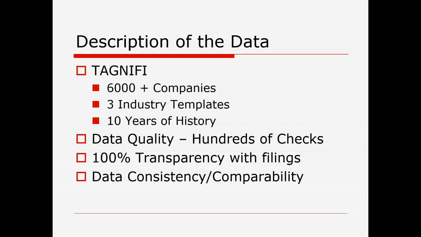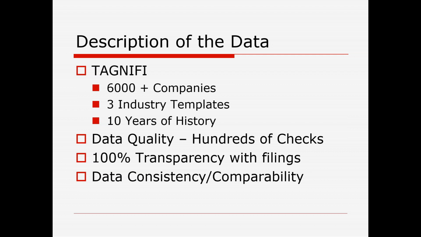As I understand it, TagniFi has pulled away from its previous source and started to go to the individual statements themselves. So they're looking at the SEC filings, pulling out those individual statements for those public companies, and they have an algorithm that pulls the different tags, if you will, and puts it into a comparable, industry comparable template.